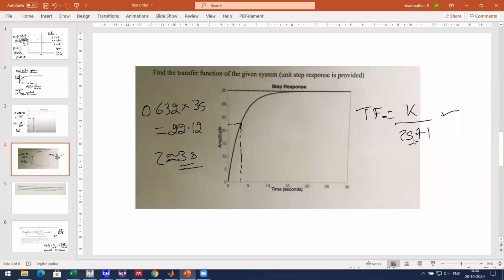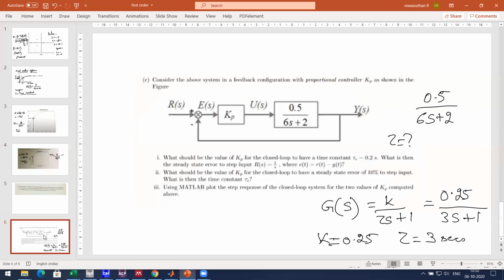So in this problem, what should be the value of Kp for the closed loop to have a time constant of 0.2 seconds? This is the question.